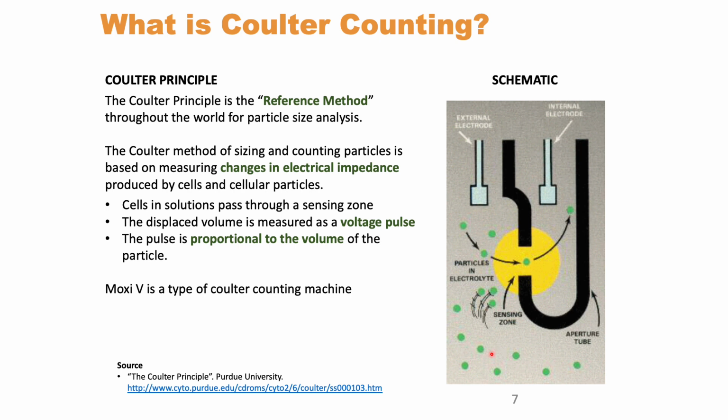Therefore, the bigger the cell, the bigger the disruption. So the pulse received by the machine is proportional to the volume or size of the cell. Using this method, we can detect cell size and also population in a cell culture vial and viability of these cells.